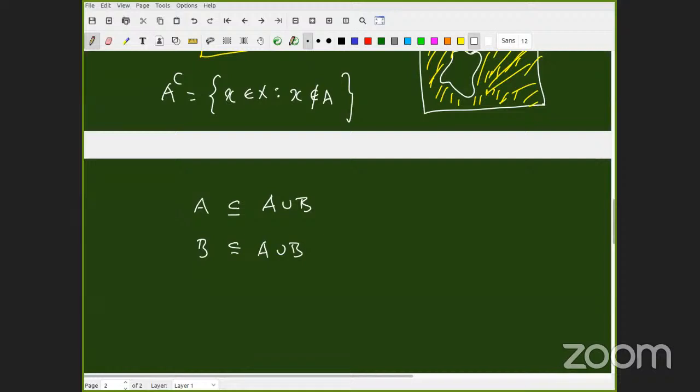Let's prove this. I want to prove A is a subset of A union B. Let's start the proof. Twenty seconds, be ready with the proof.